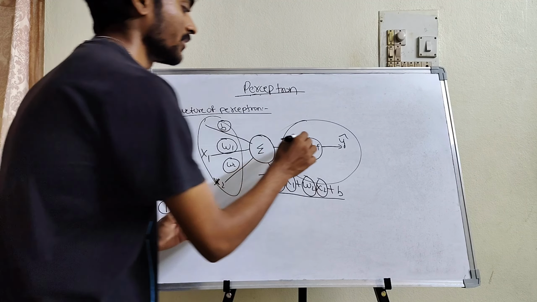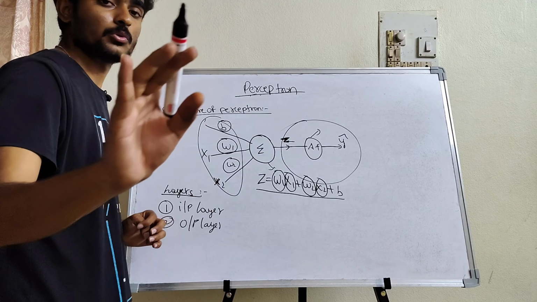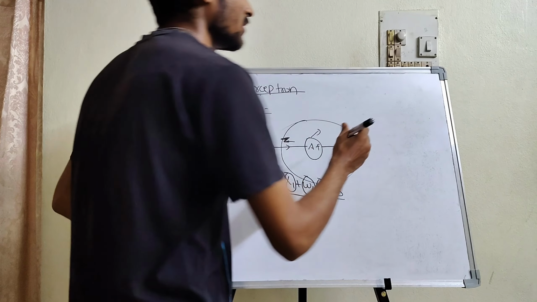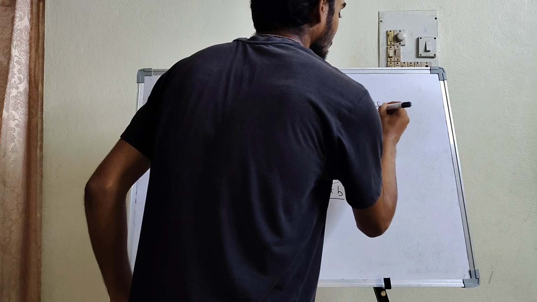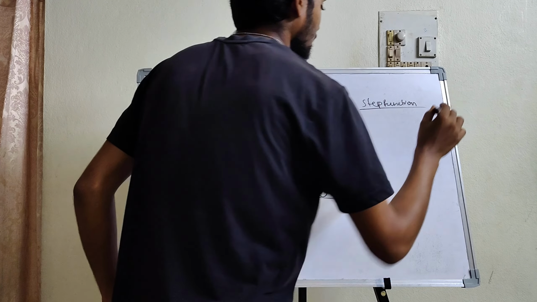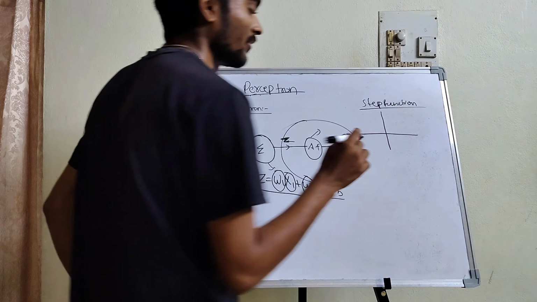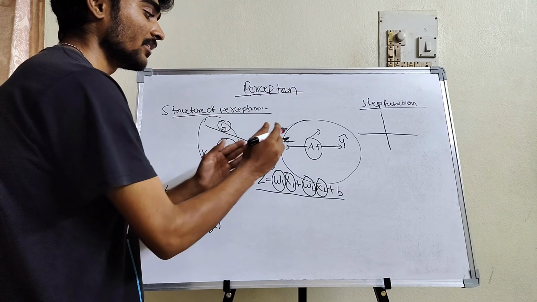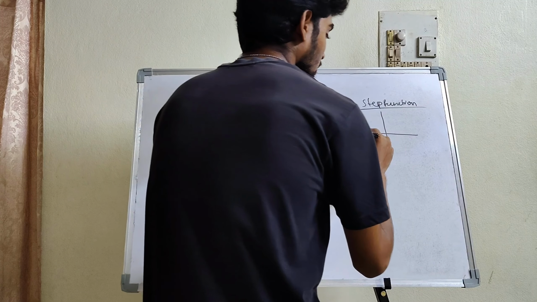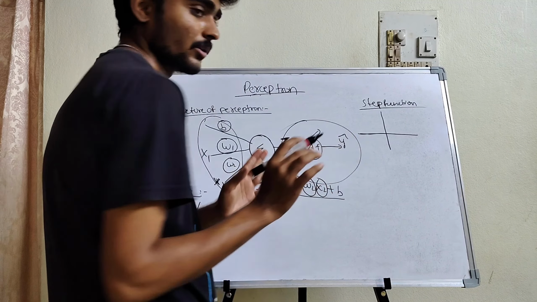Okay, now let's see what an activation function is. Initially when the perceptron was developed, we used to have the step function. In the step function, if the z value is negative, then the y hat value is 0.